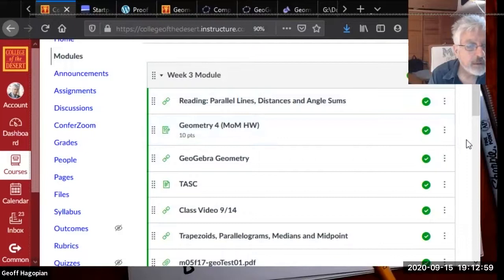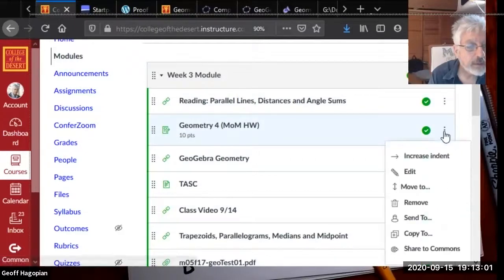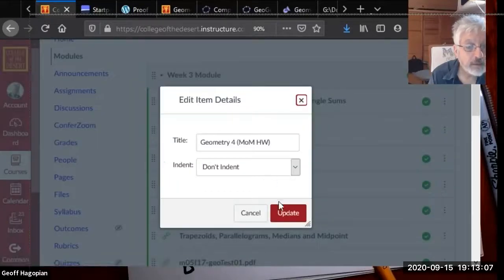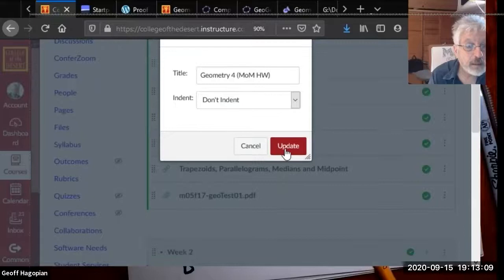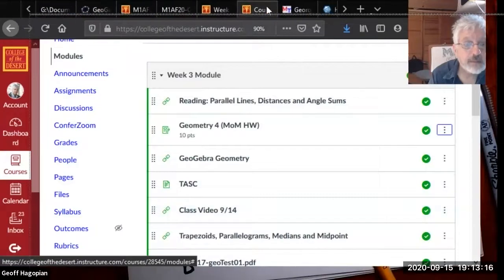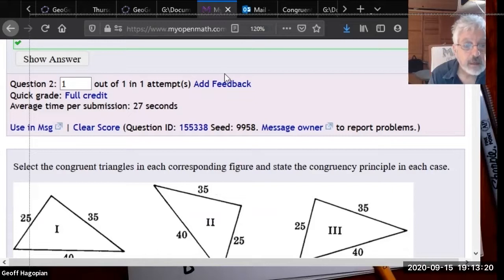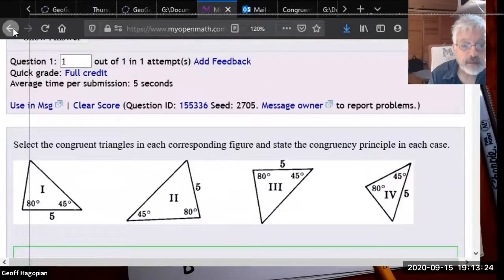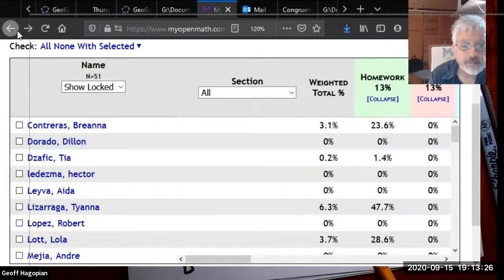And if I edit it here, I don't really get anything to edit. So it must be that I do this in my open math, huh?